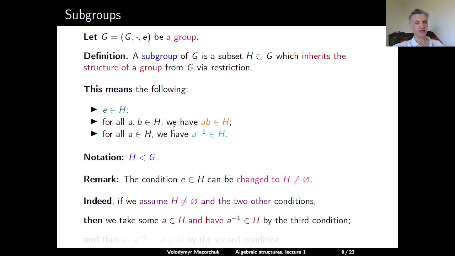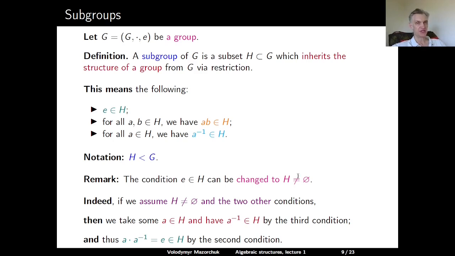Take any element A in H, then by the third condition, the inverse of A belongs to H, and by the second condition, the product of A and its inverse, which is the identity, must belong to H. So, having the second and the third condition, the first condition can be replaced by H being non-empty.